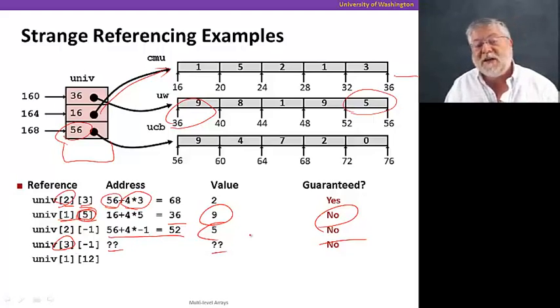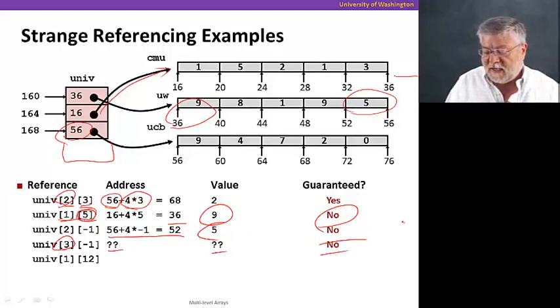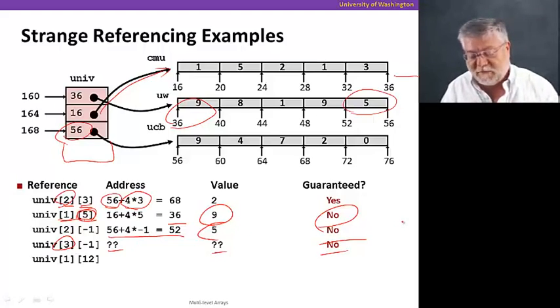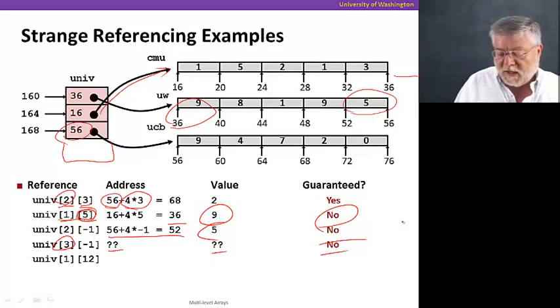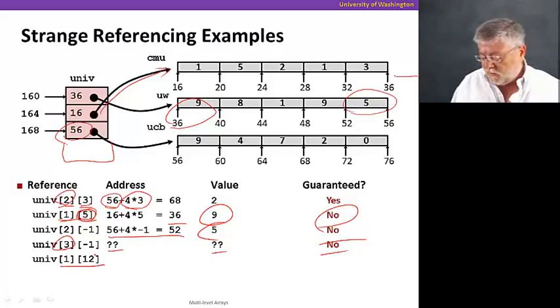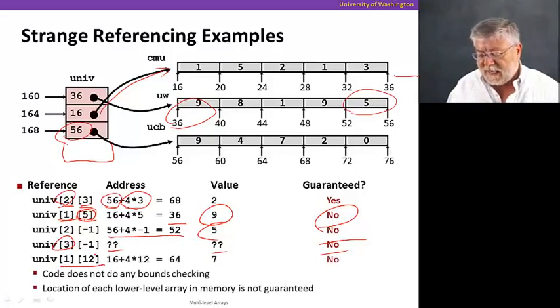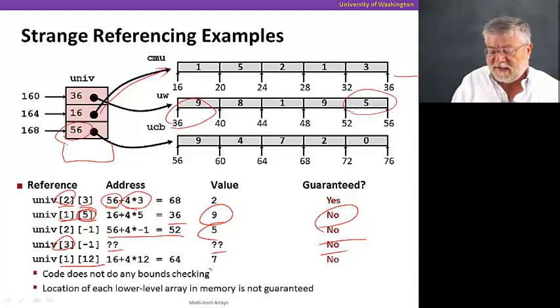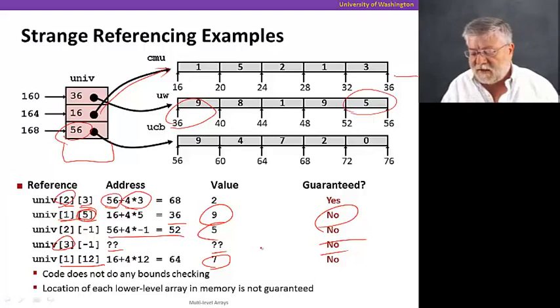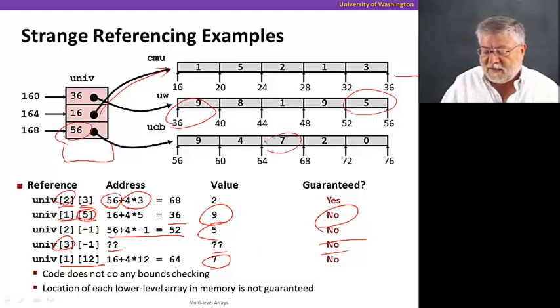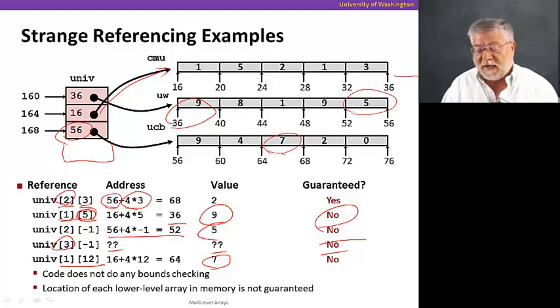We have no idea what value is there, of course. And no guarantee that anything will ever be consistent in this case. For the last one here, 112, the same address computation yields a 7 just because of pure coincidence that there happened to be something there. But again, those arrays could have been shuffled around, so no guarantee on that either.